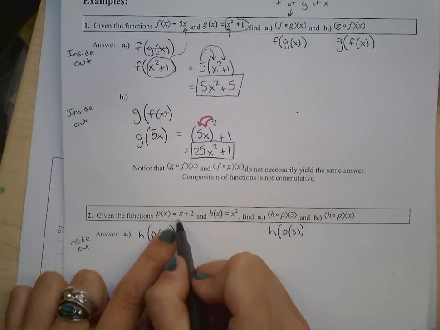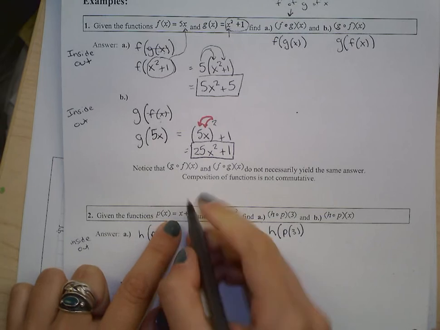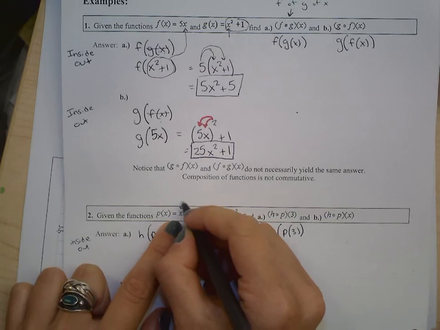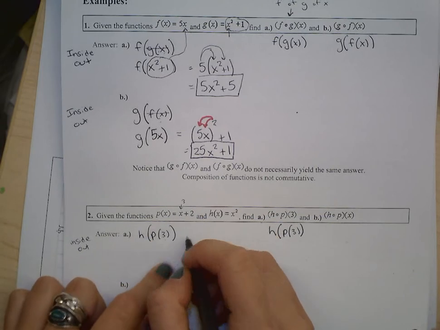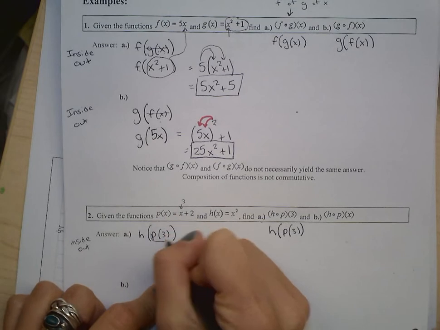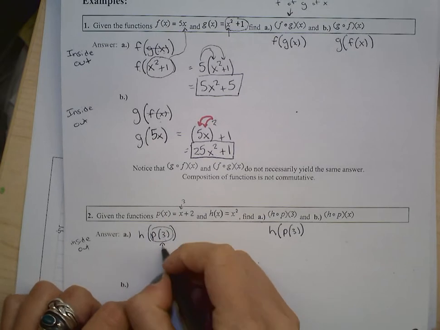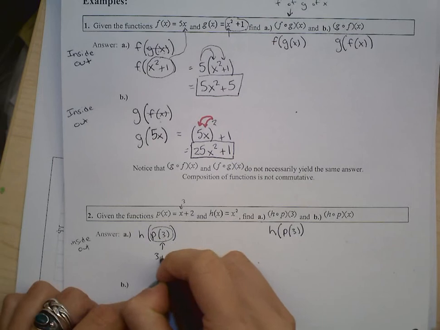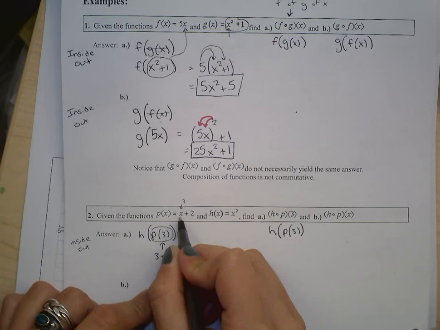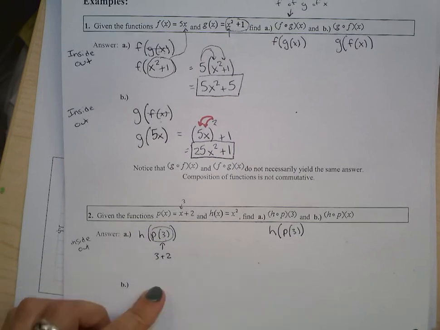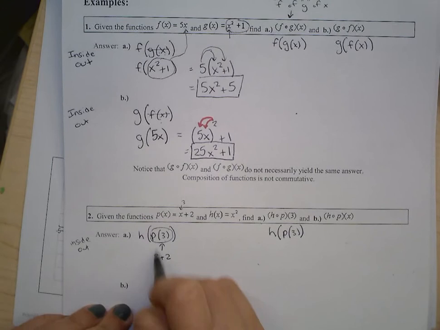Well, I know that I have to replace this x then with 3. So that means this part right here is going to be 3 plus 2. So that means 3 plus 2 gives me 6. So I'm replacing this p of 3 with 6.